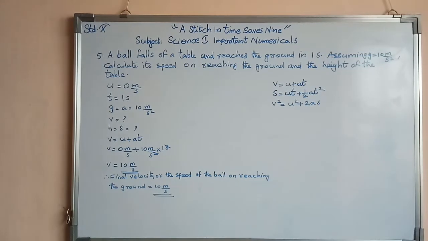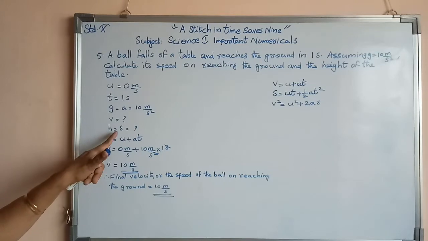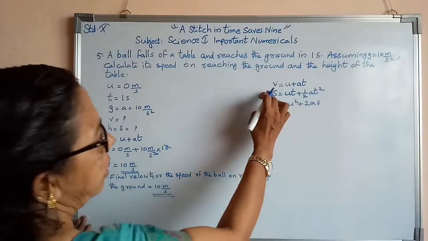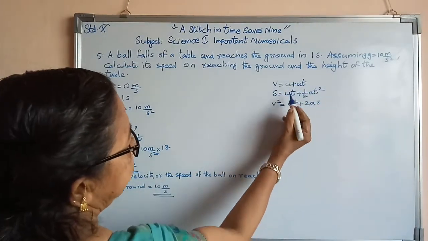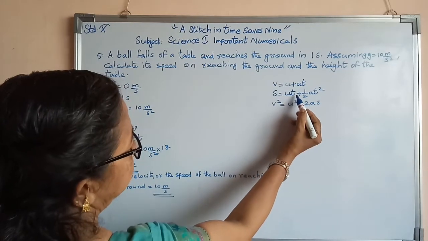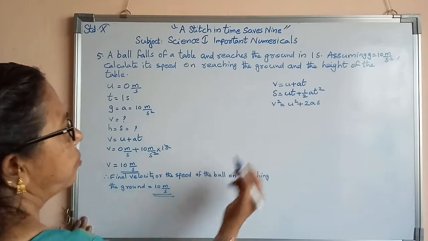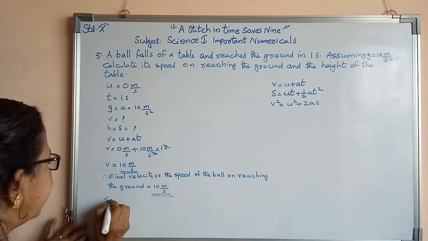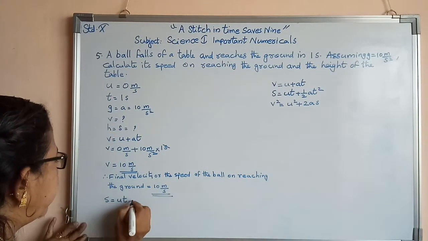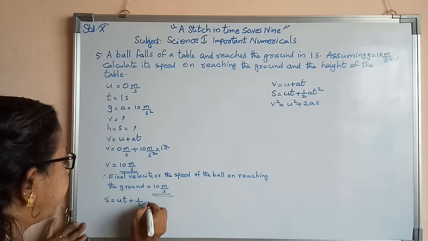Now here we have to find out one more thing, that is s. H is equal to s. For that we have this formula, in which we have u, we have t, we have a. So we can use this formula, that is s is equal to ut plus half at square.